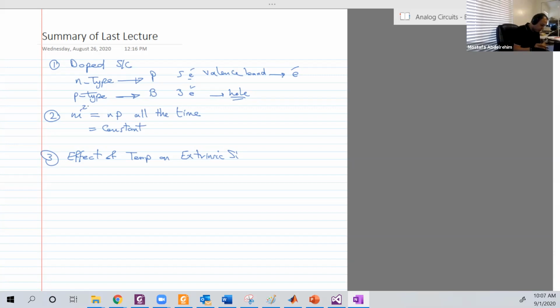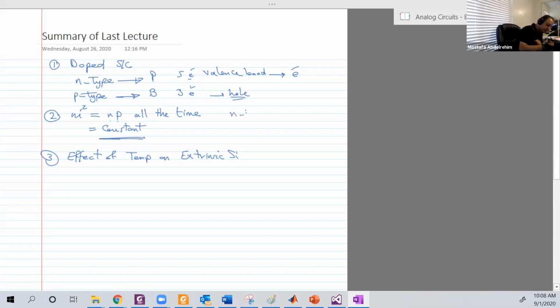We can control the temperature, but we can't control the energy gap in the same material. And Ni squared is always equal to n multiplied by p, the electron carrier density multiplied by the hole carrier density, and this is always constant.